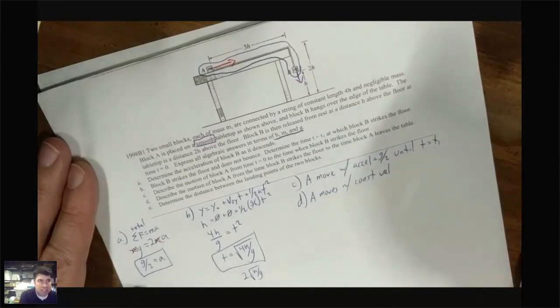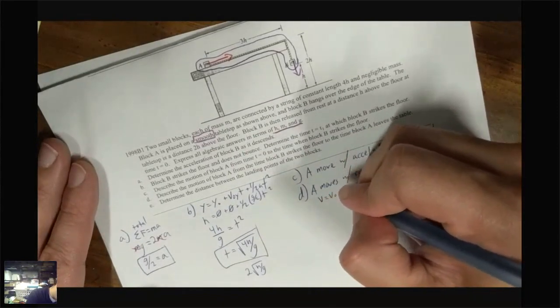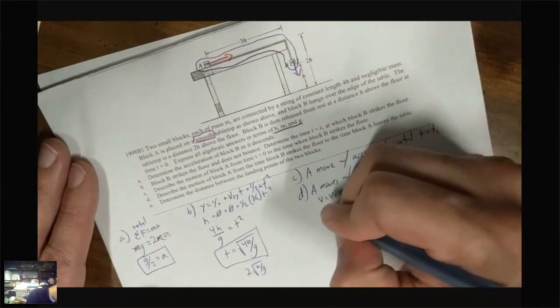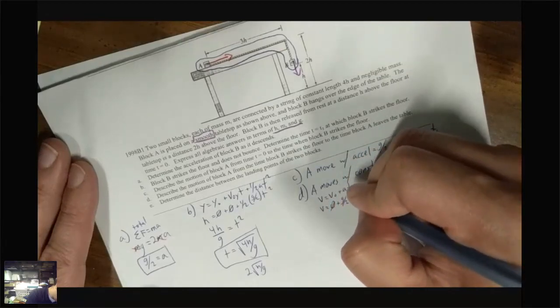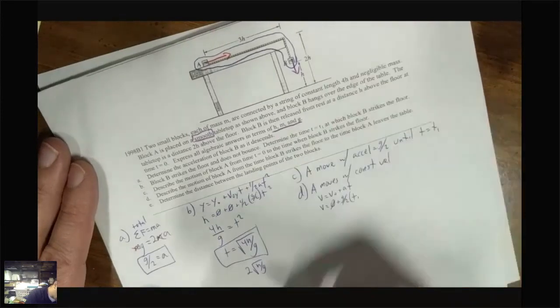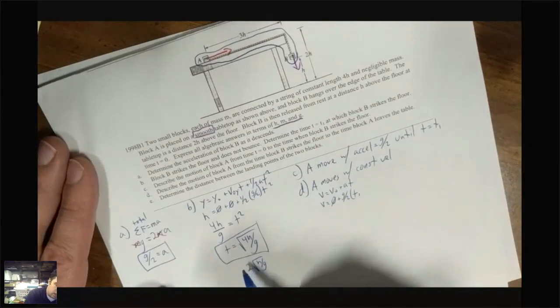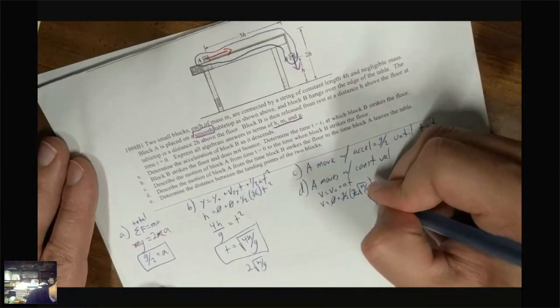And you know what? Let's calculate what that is. So we can do something like V equals V naught plus AT. V equals 0 plus g over 2 times T1. Oh, we know what T1 is. We know that the time here is 2 square roots of h over g.